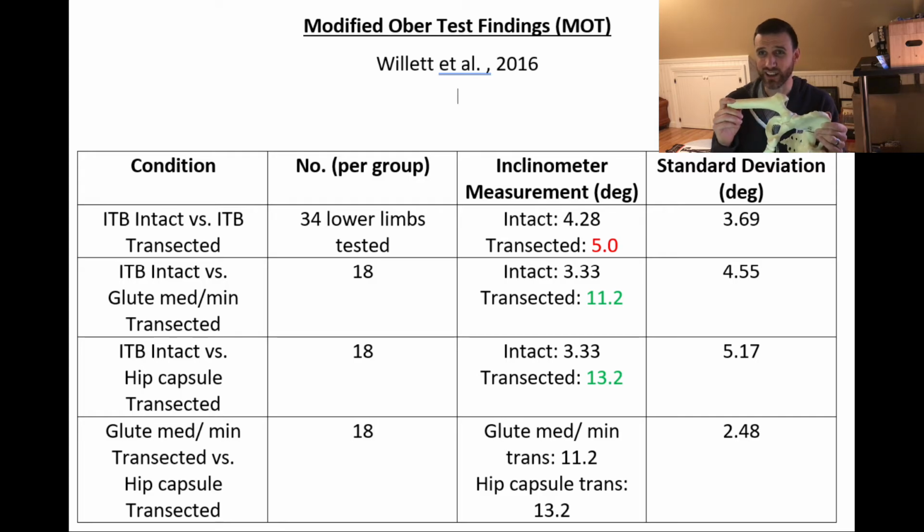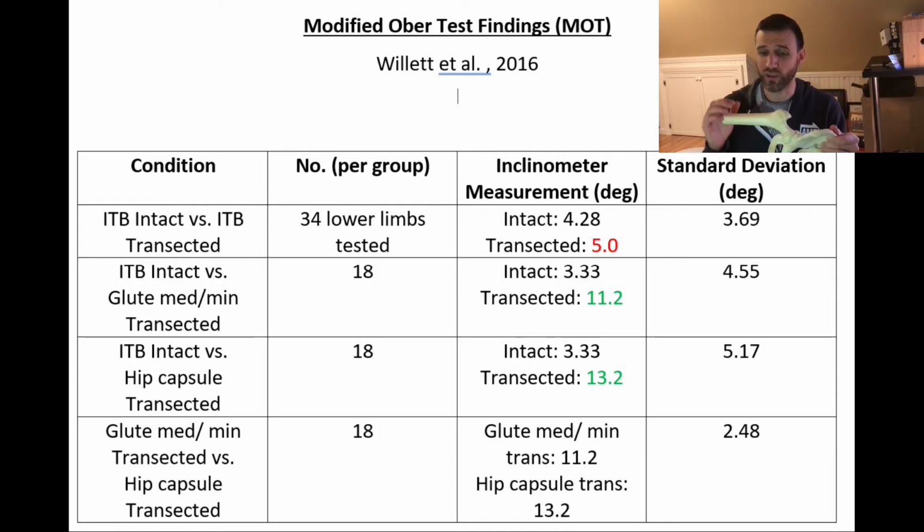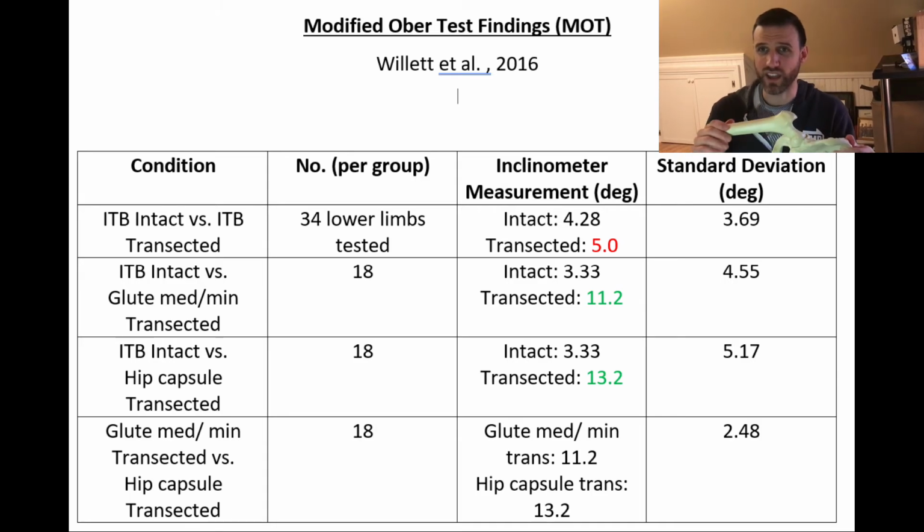And in the baseline, the intact IT band or a transected IT band basically remained the same at about 4 or 5 degrees. So there was a 7 degree increase in adduction when the gluteus medius and minimus was cut, and a 9 degree difference when the hip capsule was cut.